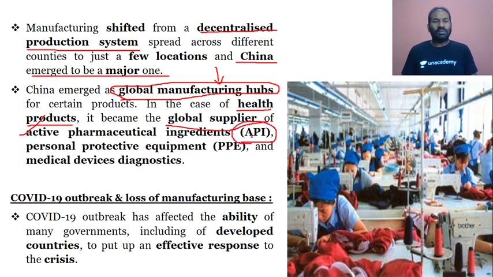And not only API, it has also been a global supplier of personal protective equipment, and medical devices and diagnostics. So that is one, two, and then this is the third point.